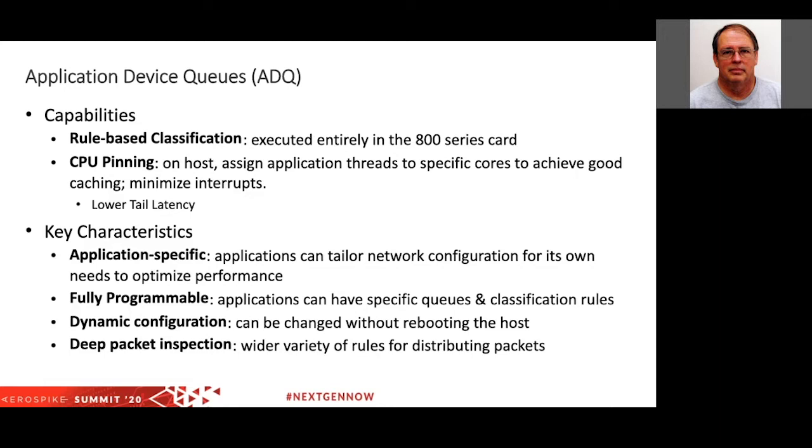And that's sort of half the story, though. The other half, and you're going to hear me say tail latency over and over again, is CPU pinning, because once you've got the packets sorted into device queues, they have to be processed on the host, and the idea here is to set up the queues so each queue is serviced by one of the cores on the host.